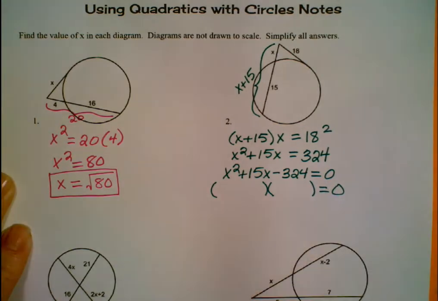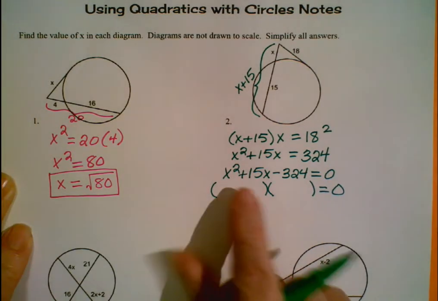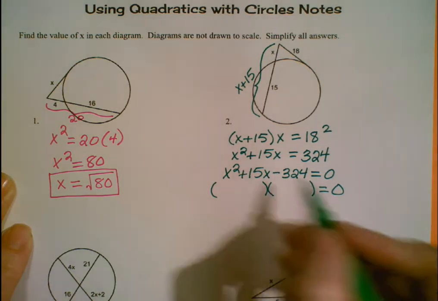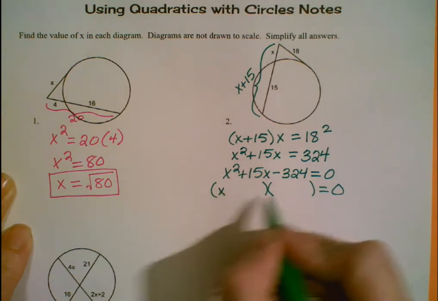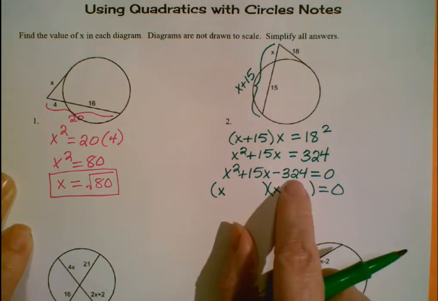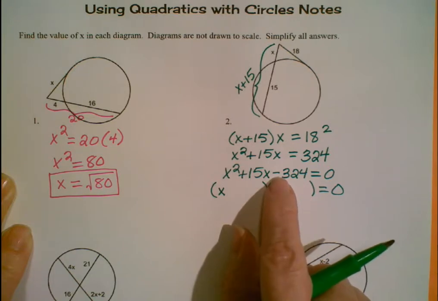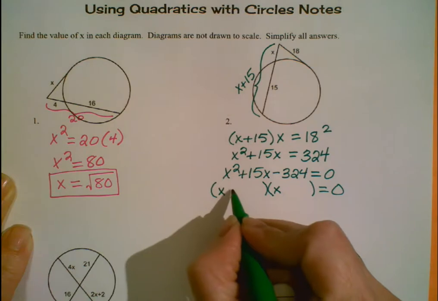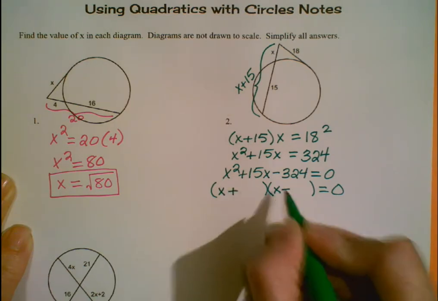Now, sometimes it won't be possible, as we've seen, but in this case, let's see, x times x will give us our lead term of x squared. Now I need two factors that, when multiplied, give me 324, negative 324 to be exact. Now that negative is important because it tells us one of these is going to be positive and the other one's going to be negative.